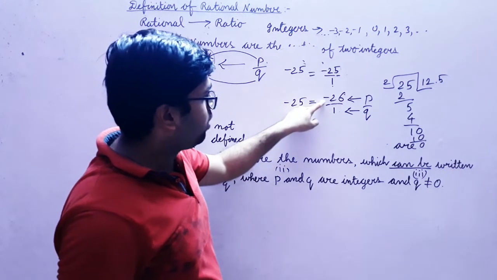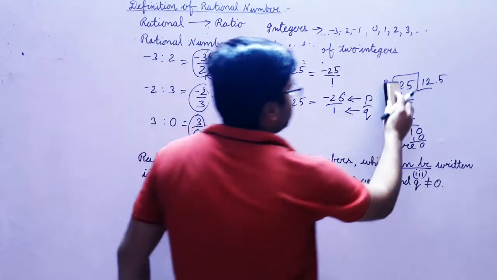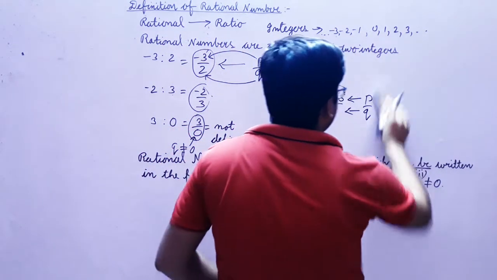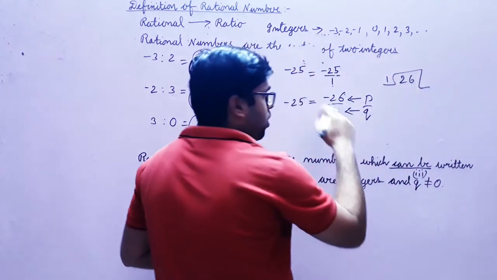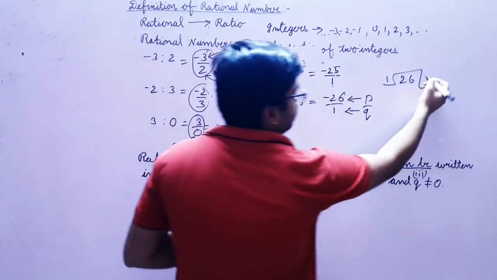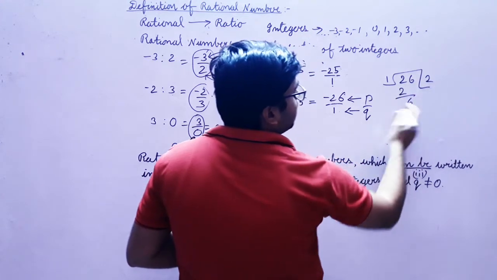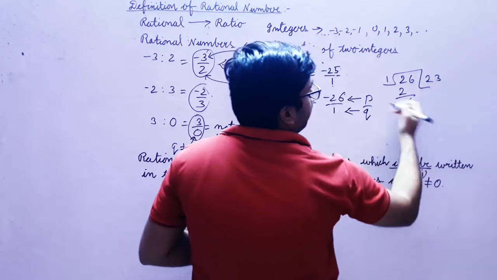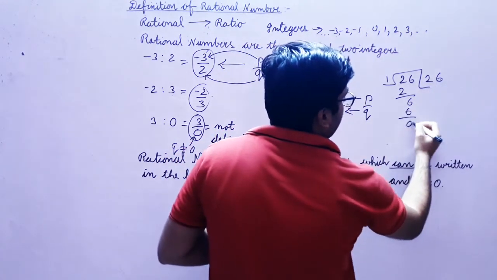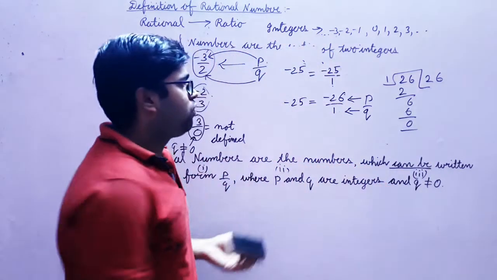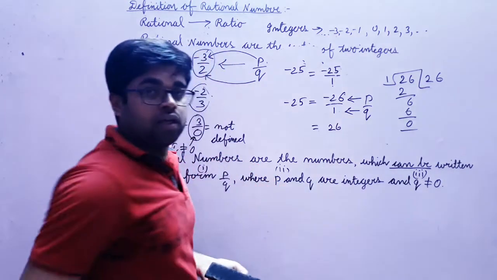Again, when we perform division of integers, ignore the signs, just divide 26 by 1, numerator by denominator. So 1 twos are 2, now you get 6. Now 1 sixes are 6. So if you divide 26 by 1, you get 26.